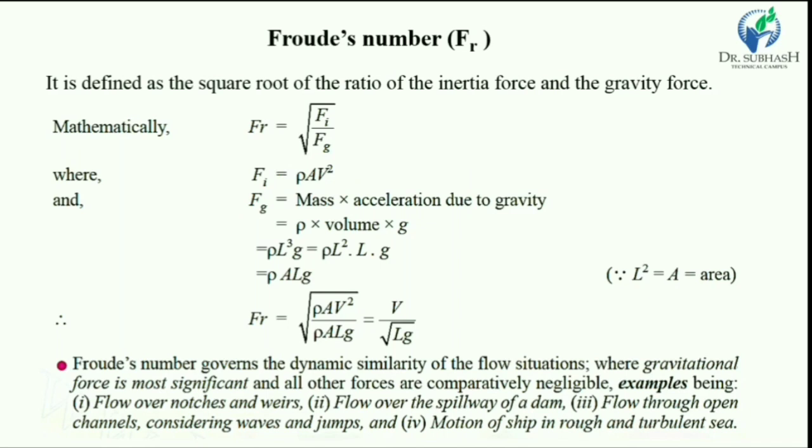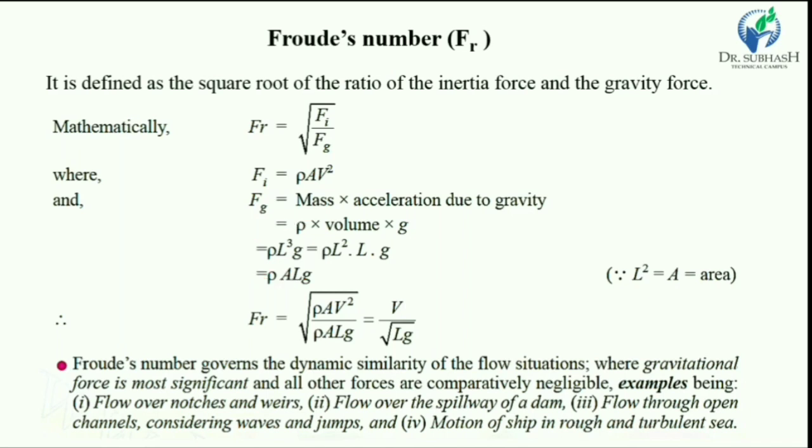The mass is density into volume, and gravitational acceleration is g. Now volume is defined by L cube. So finally rho L cube g.